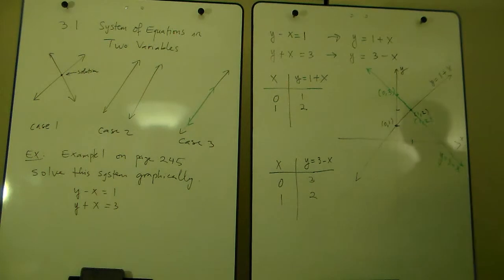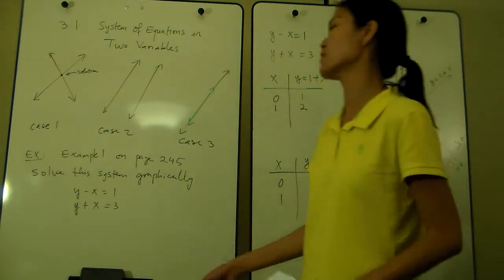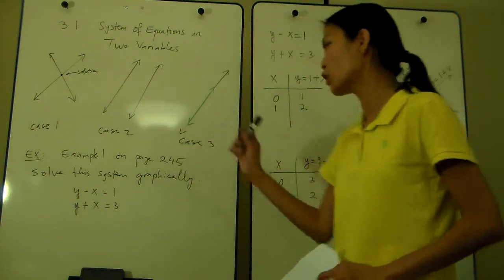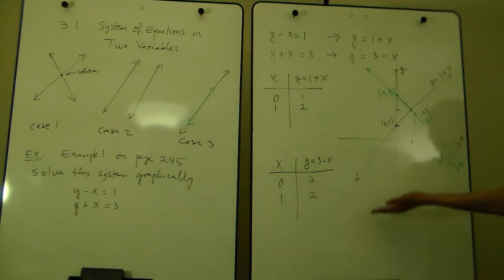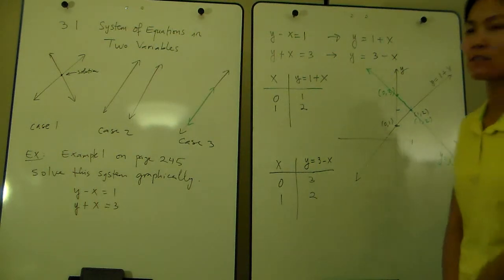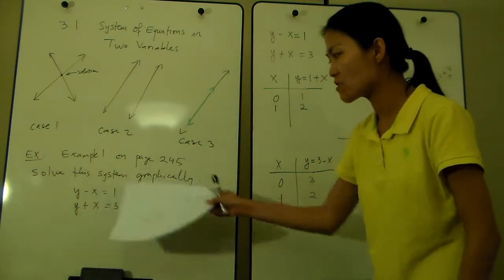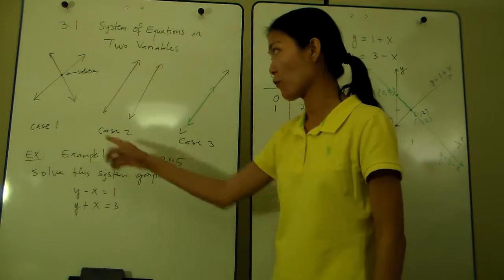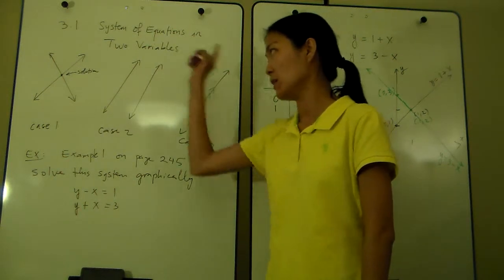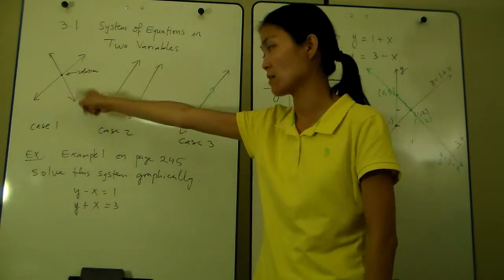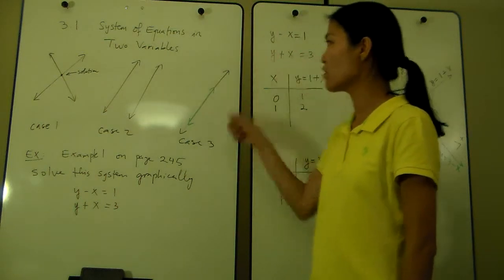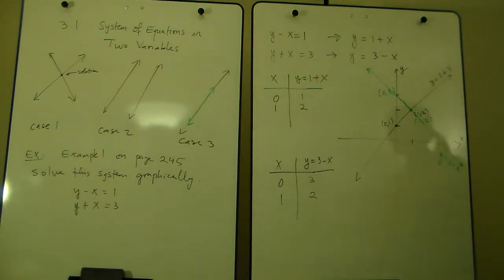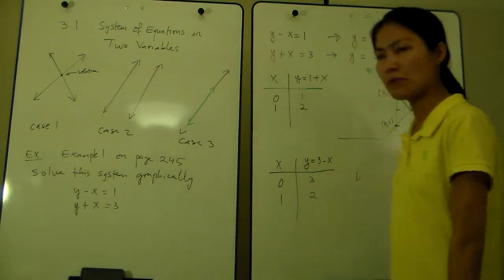Now, the question is to solve this system graphically. We just graphed these 2 lines, but we're not done yet. The question is to solve this system of equations. Remember, when you solve it, there are 3 possible cases. Which case is this: case 1, case 2, or case 3?